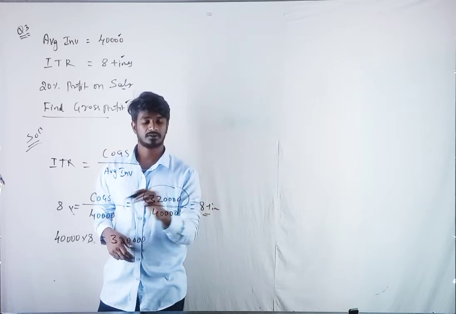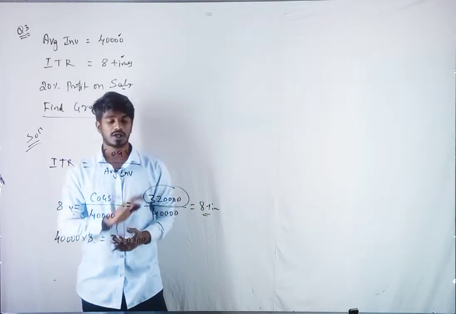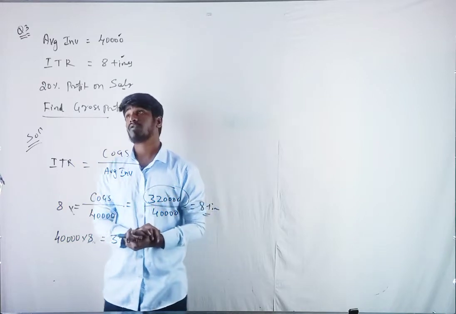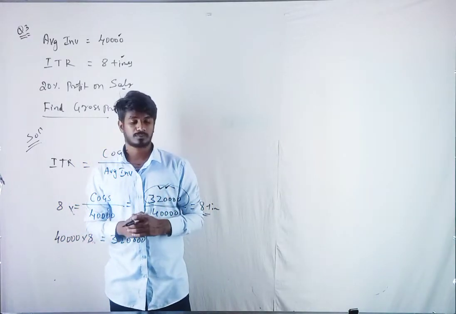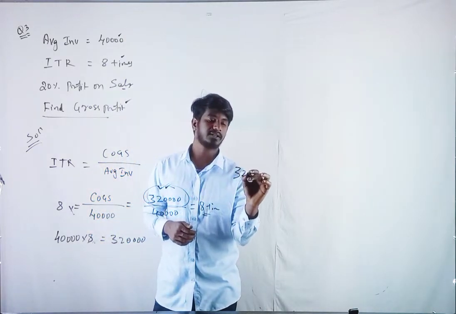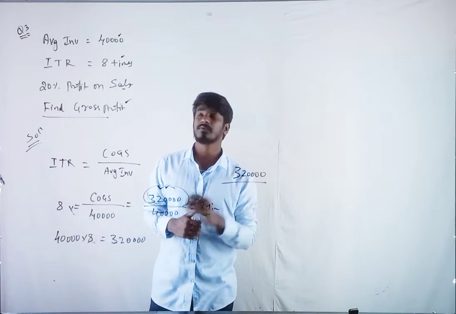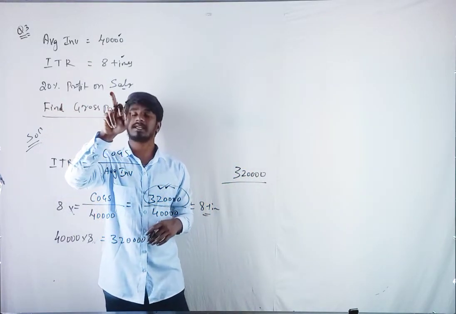We got the cost of goods sold, but they are asking for gross profit. For gross profit, we should know the sales. We know the cost of goods sold is 3,20,000, and they are giving 20% profit on sale.